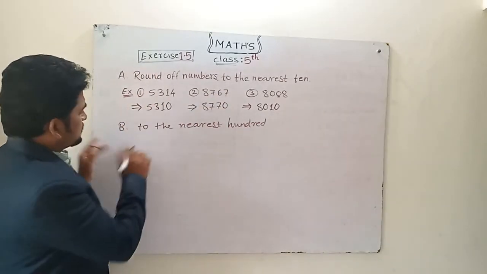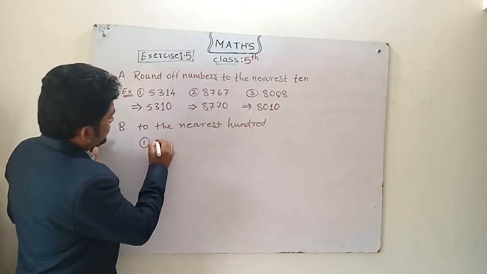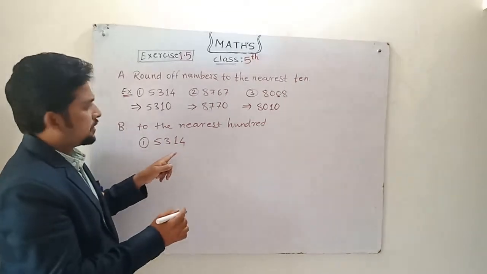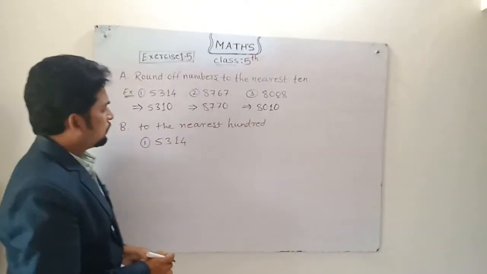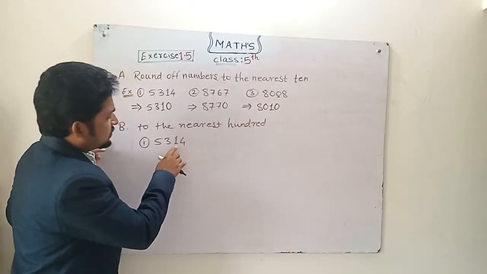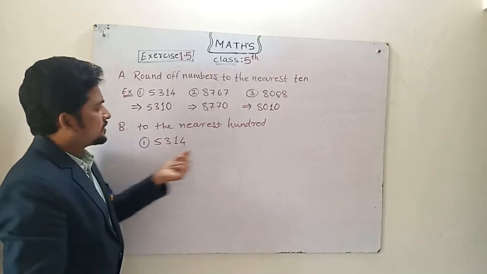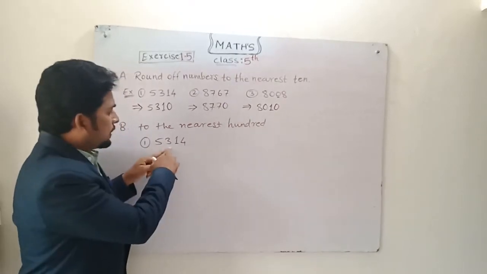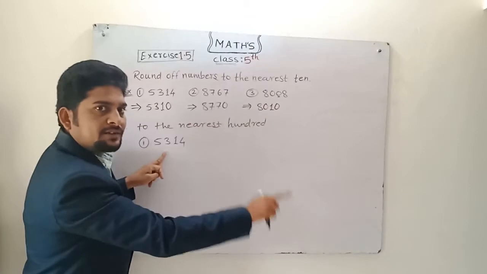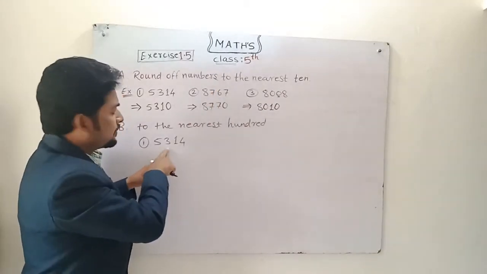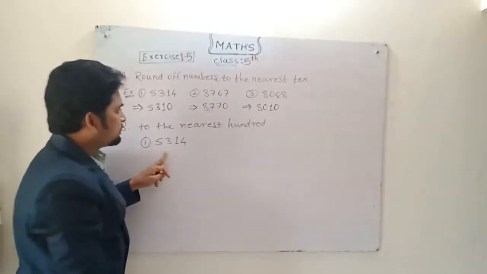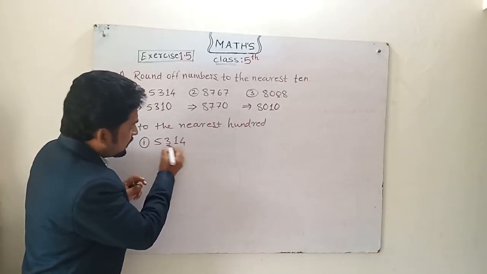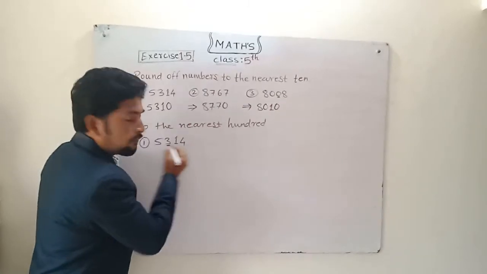See, question number 1 we will see: 5314. Same example I have taken. Okay, to the nearest 100. So what is there? Ones, tens, 100 place. Okay, see here, in the 100 place half of the 100 is 50. After this place I want 50, otherwise more than 50, then this will be changed, otherwise it will be the same. So ones, tens, 100 place is 3. After that what? Only 14.